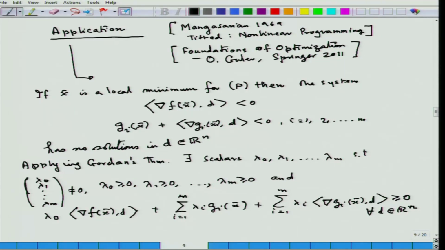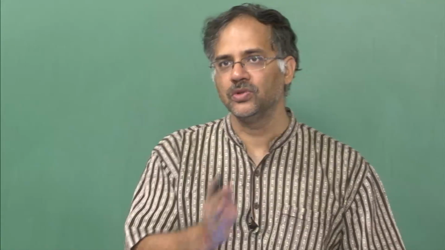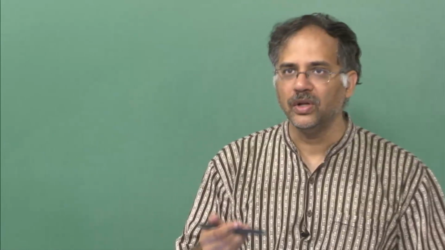This corresponds to system 1 of Gordon's theorem of the alternative. What we are saying is that local optimality of x bar means the first system of Gordon's alternative theorem has no solution, so the second system would have a solution.